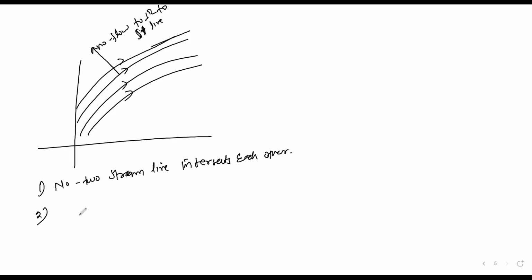Second, there will be no flow across or perpendicular to a streamline.